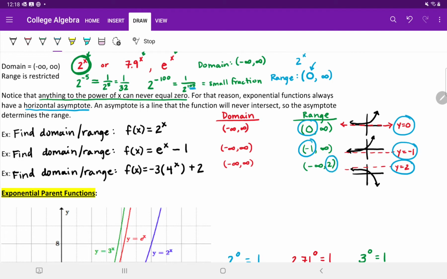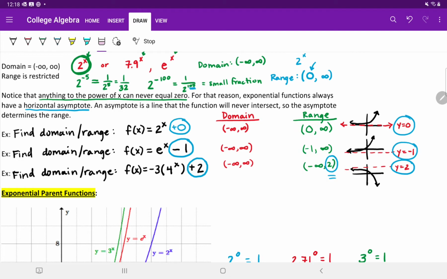In the original questions, look at this number that's added at the end. +2 showed up here. -1 showed up here. And in our first example, there was nothing there. There was no number added at the end, so we could just imagine there's a +0 shows up here.